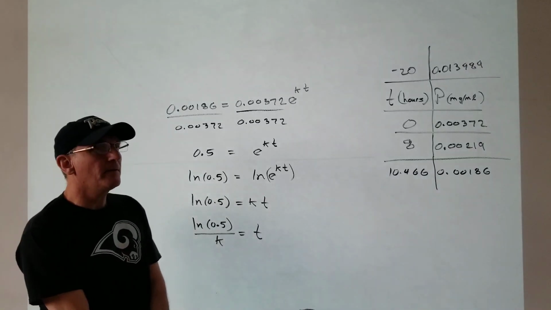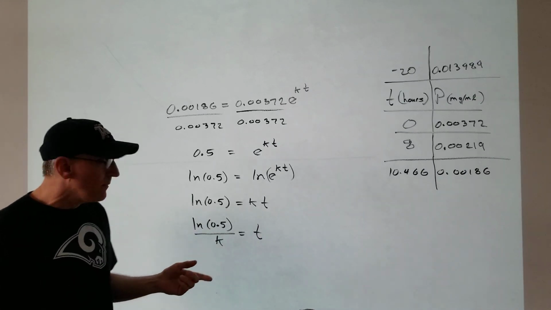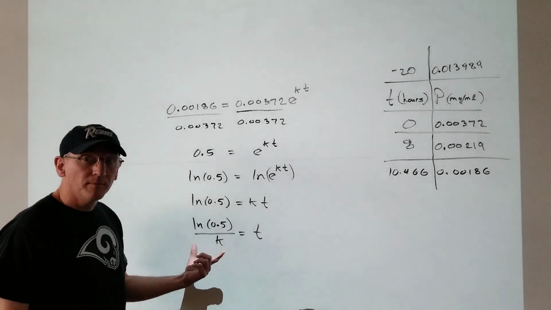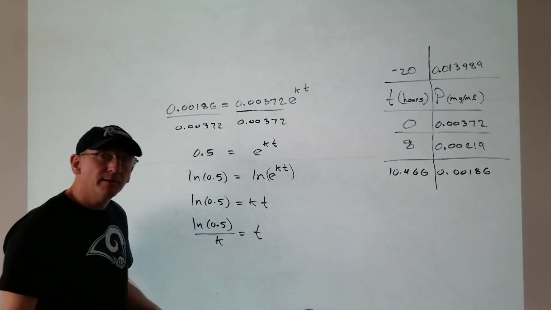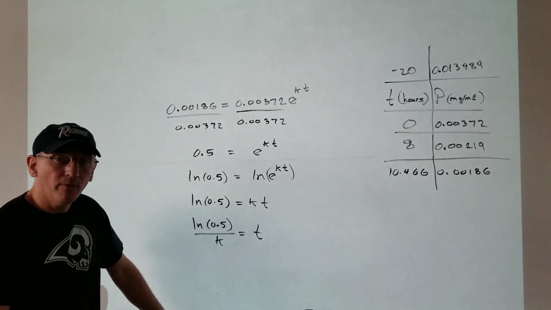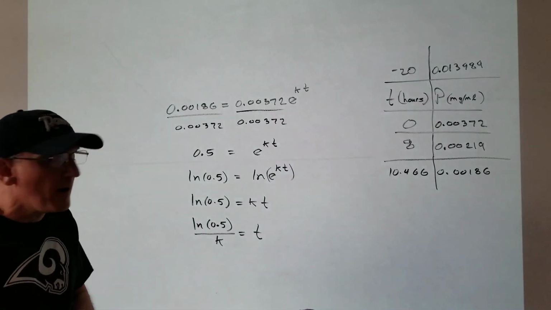Or how long does it take for your money to triple? Well, guess what? A doubling problem is just like a half-life problem, except you have a 2 instead of a 0.5. So there's a shortcut for you, and that concludes this problem.